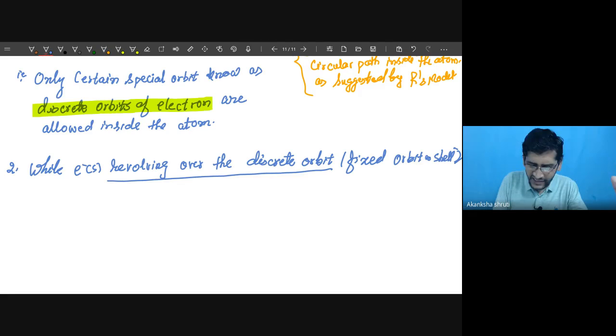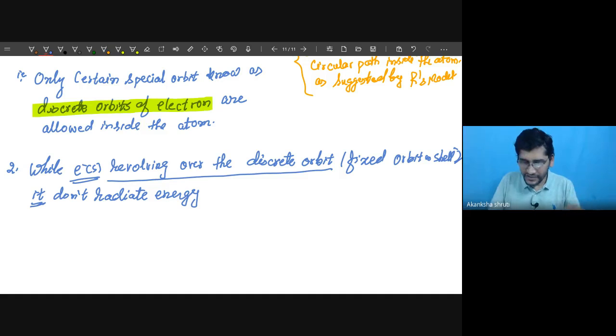They do not radiate energy. So there is no loss or gain of energy of the electron.